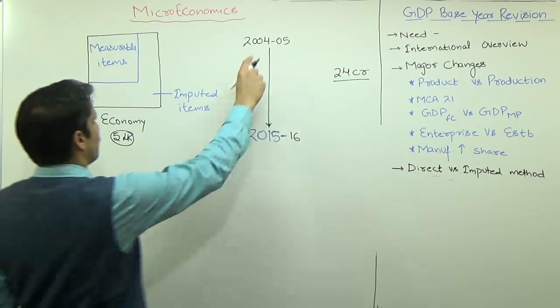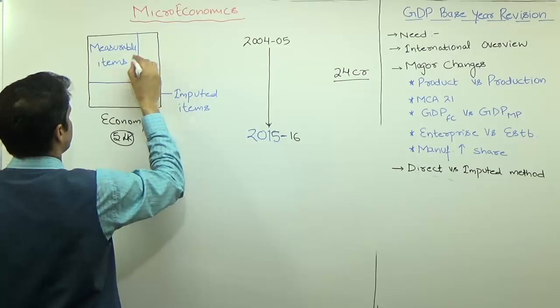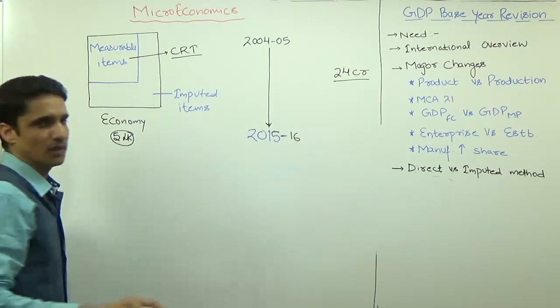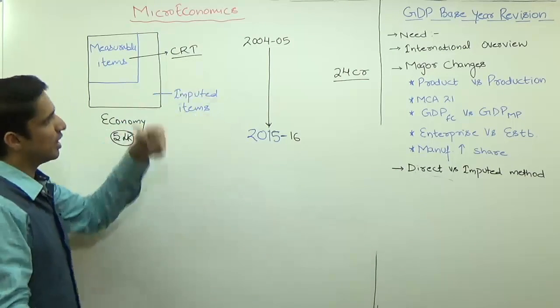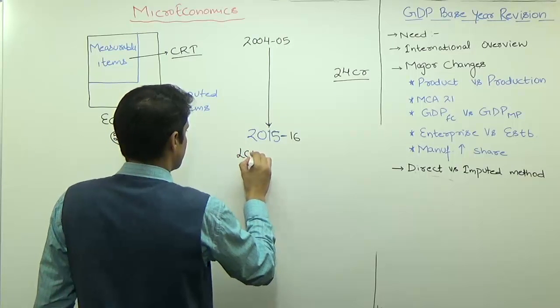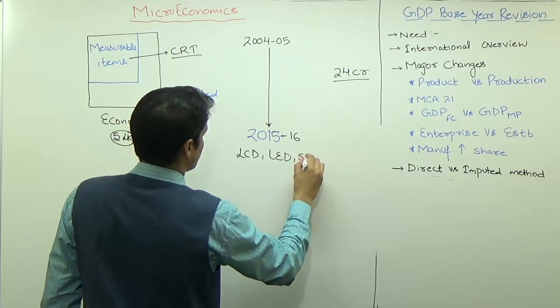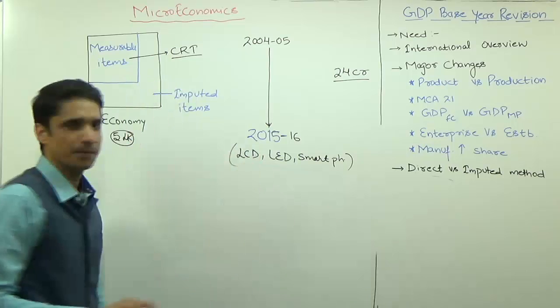So in 2004-5, suppose there was a sale of CRT TVs. And in 2015-16, the sale of CRT TVs is decreasing, and there are LCD, LED, and then smartphones. These new items have come.